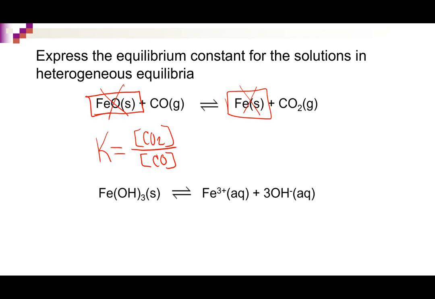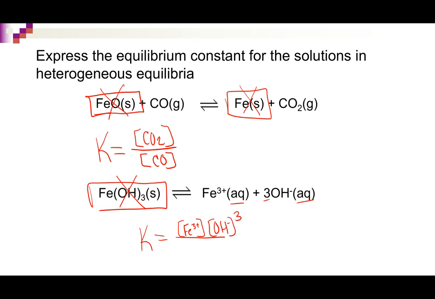All right, for the second one, I see a solid. That is not included. I see aqueous and aqueous. So those, of course, are included. So Kc for this one is just going to be the concentration of products. So Fe3+ times OH minus.